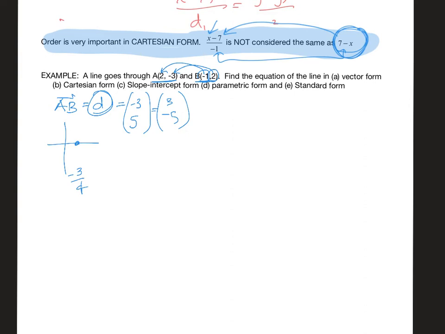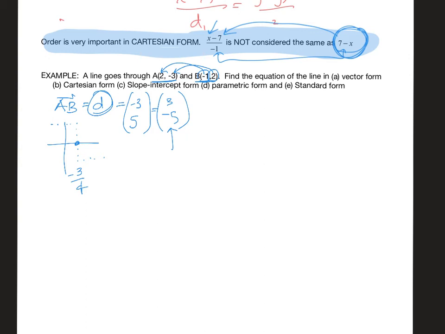You could either go up 3 and to the left 4, or you could go down 3 and to the right 4. The location of the negative doesn't matter as long as there's only one of them. So I'm going to use this one, and I'm going to be honest with you guys. The reason I want to use that one is I have my notes sitting here right next to me, and I did it with my numbers there, and I don't want to make any mistakes. So that's why I'm going to use this as my direction vector.